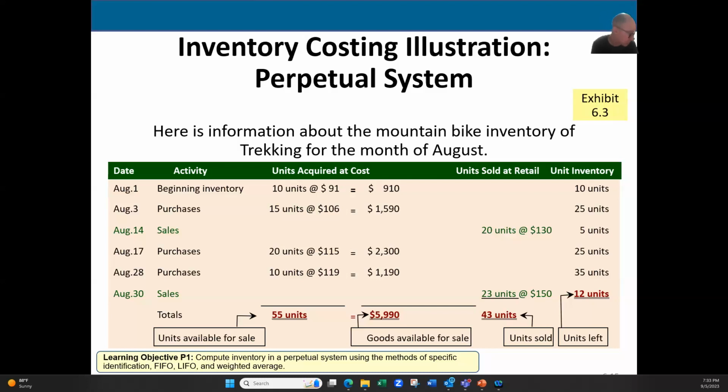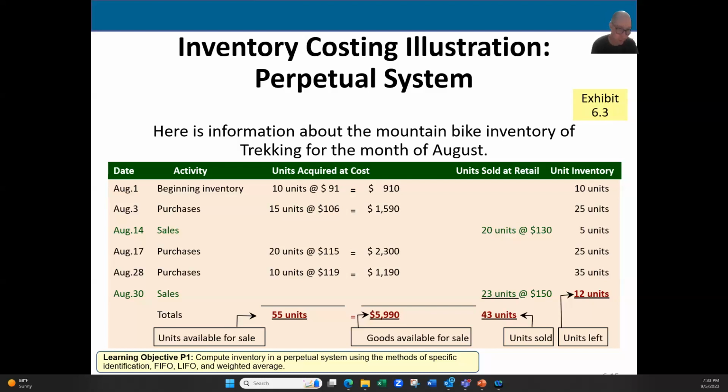August 28th, I purchased an additional 10 bicycles from my vendor. This time it cost $119 a bike. Total cost of $1,190 for that purchase of 10 bikes. That brings me to a total inventory balance, August 28th, of 35 bicycles.